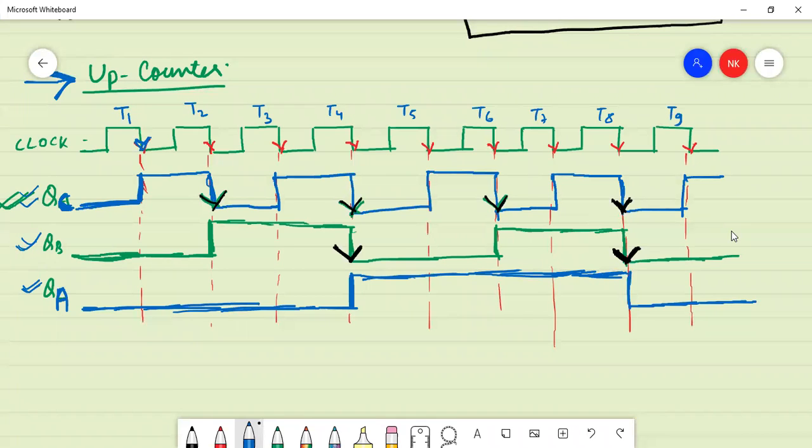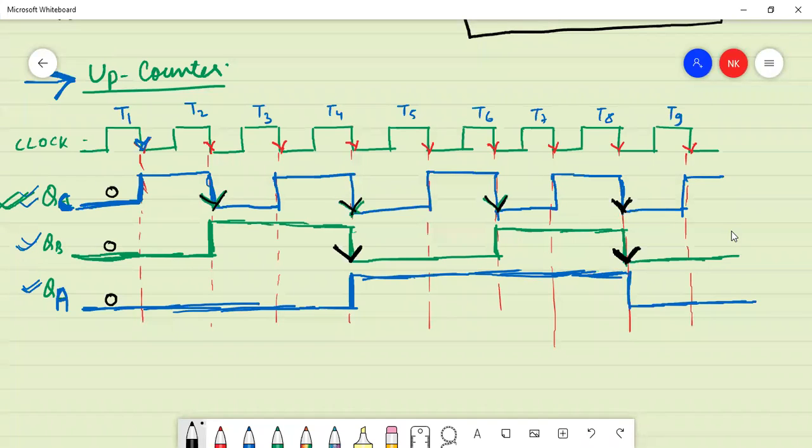Now at the first clock period, that is T1, what are the values of QA, QB and QC? 0 0 0. So QA is 0, QB is also 0 and QC is also 0. Okay, so here I am writing the value of QA, QB, QC.